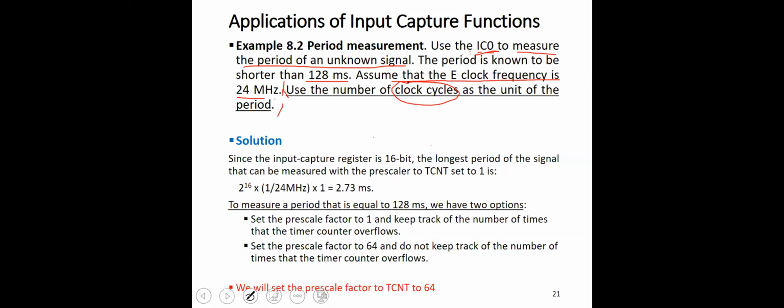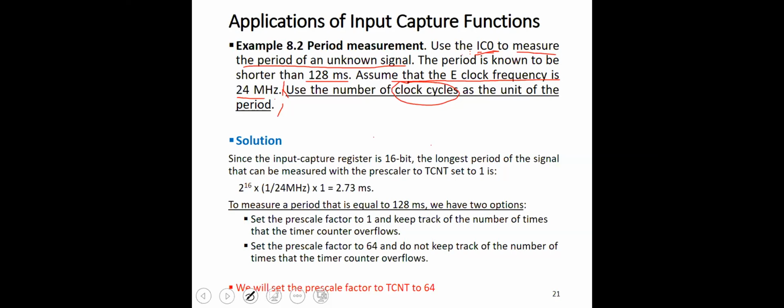So how to do that? We want to measure the period. We need to configure the timer, and we need to configure input capture channel number 0. Basically, we configure it to capture two consecutive rising edges or two consecutive falling edges.